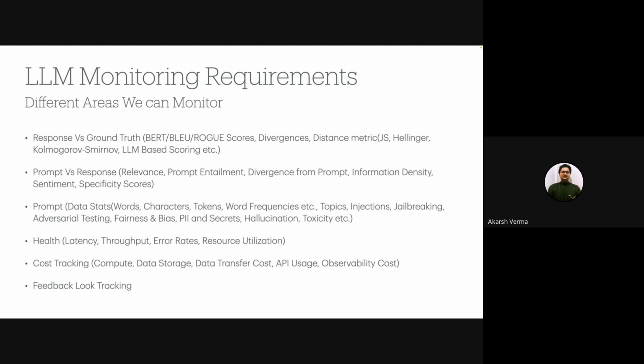And then you get into the cost: the compute, if you have a self-hosted model, data storage, data transfer cost, API users, observability cost, and we'll double click on some of these points in much more detail. Now, cost tracking and observability is slightly different in LLMs, because traditionally, if you hook up something like a Datadog, the amount of money you end up spending with Datadog will increase.